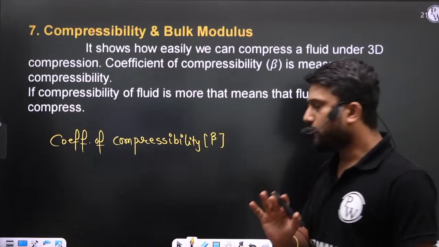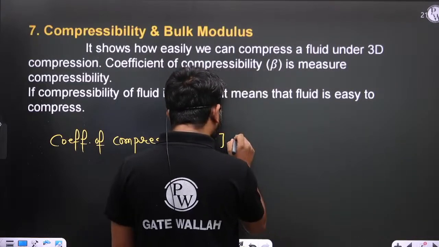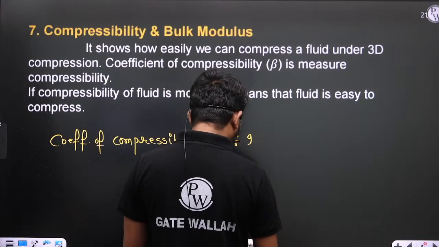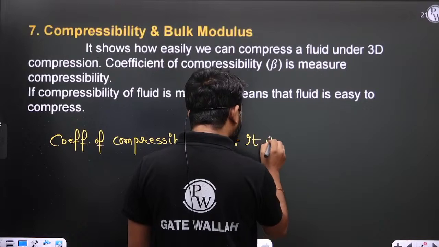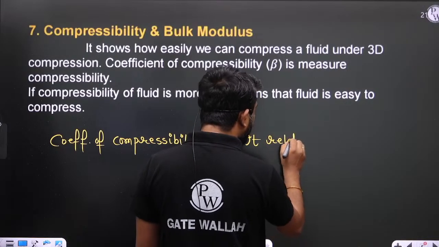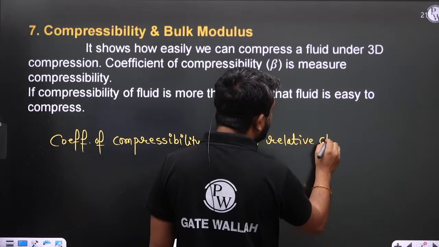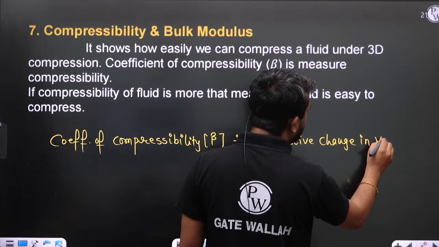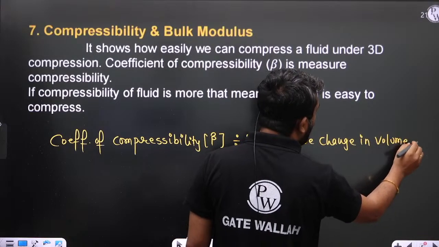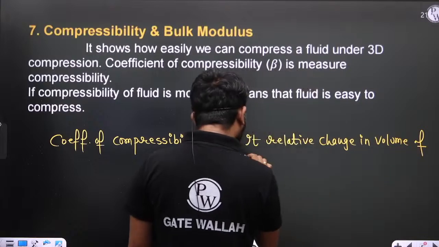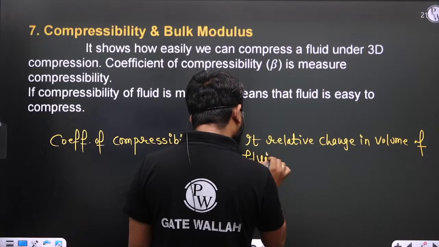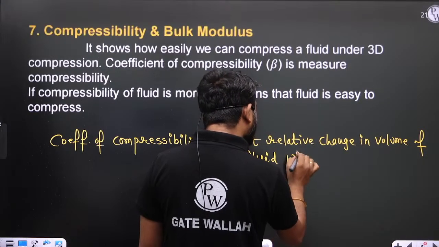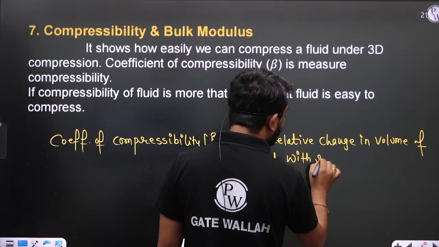Beta, the coefficient of compressibility, is nothing but the relative change in volume of fluid with respect to change in pressure.